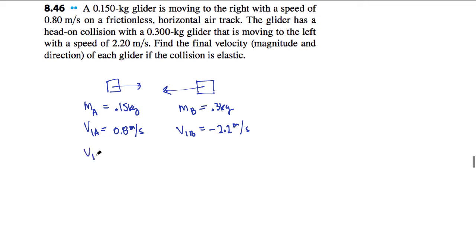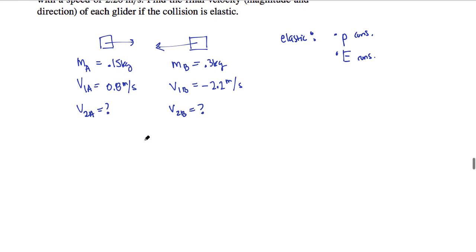So I'm looking for V2A and V2B. So since this is elastic, that tells us two things, right? That P is conserved and our energy is conserved. So let's set it up as such. So first off, from conservation of momentum, I know P1 is equal to P2.